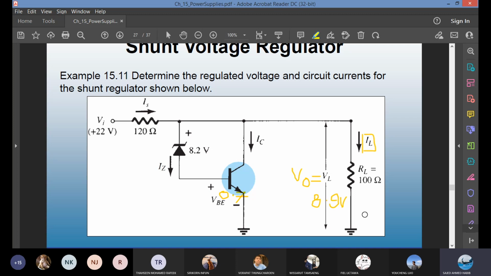If you divide by another ten, so 8.9 divided by 100 ohm is 0.089 ampere, which means it is 89 milliampere. Let's write on the top, 89 milliampere.